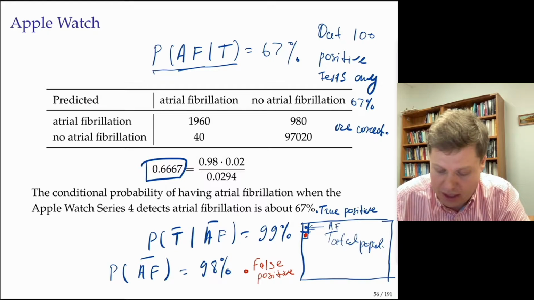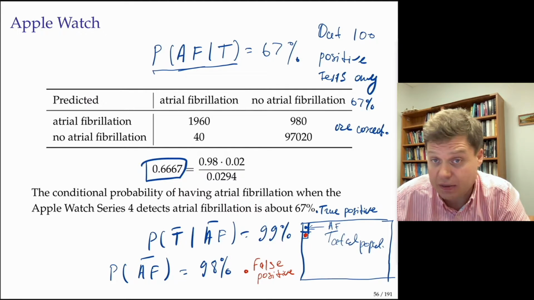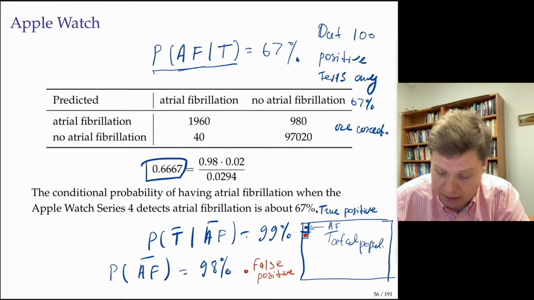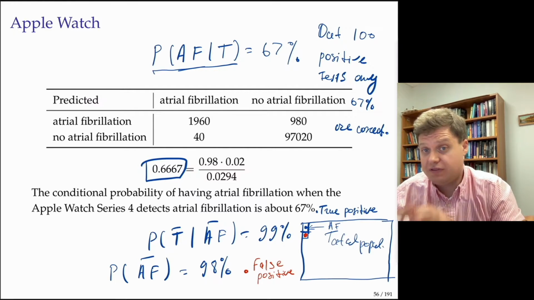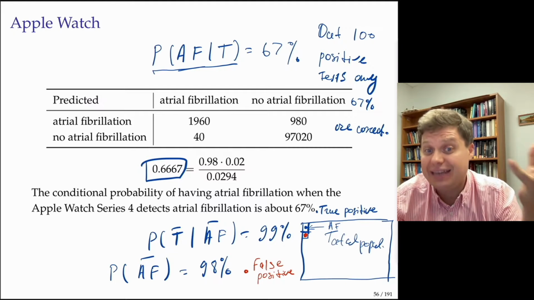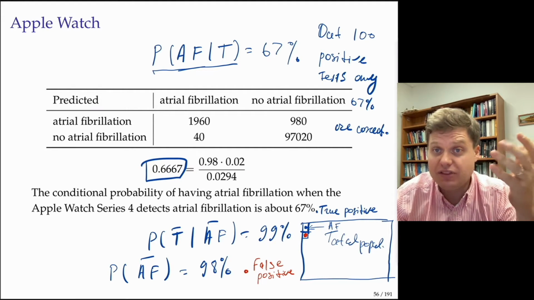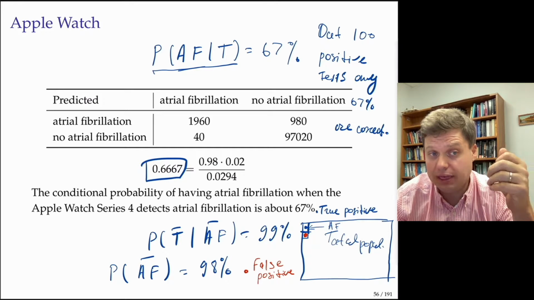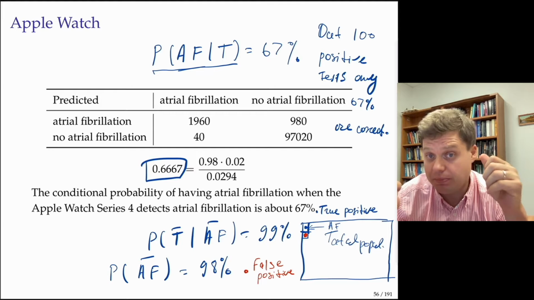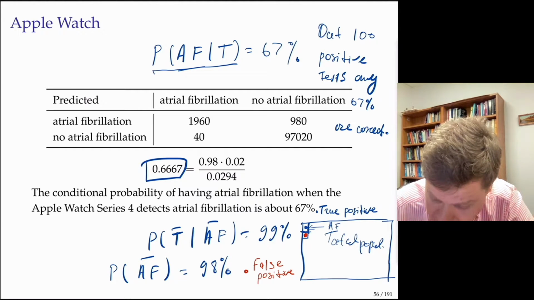Out of those people, you detect correctly 98%. So from this little square, 98% will be correctly detected. On the other hand, you have this large portion of the population, 98%, that does not have arterial fibrillation. And out of this 98% of the population, you incorrectly say that they have arterial fibrillation in 1% of the cases.